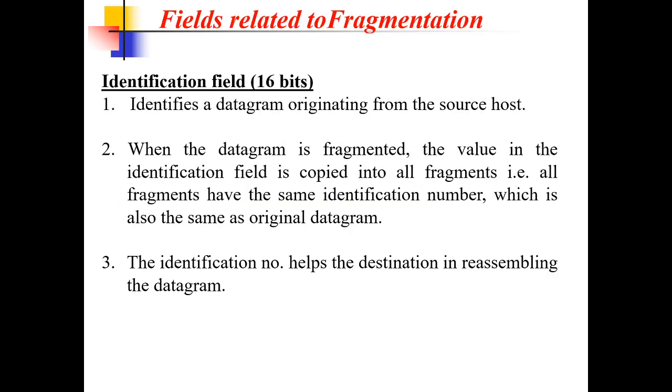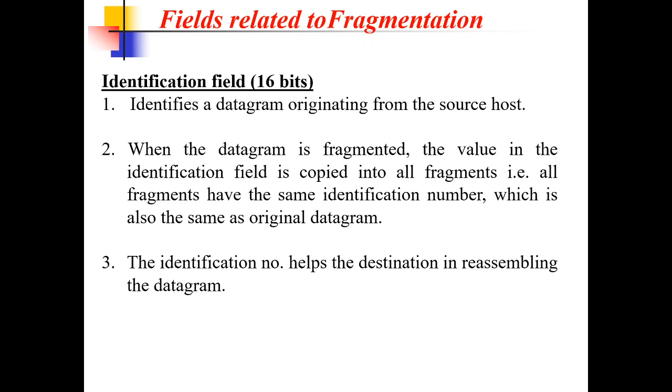Now let us see fields related to fragmentation. First one is identification. It identifies a datagram originating from the source host. It is a 16-bit field. Combination of the identification and source IP address must uniquely define a datagram as it leaves the source host.